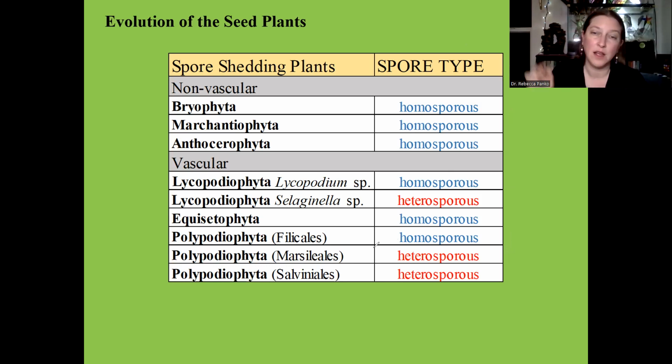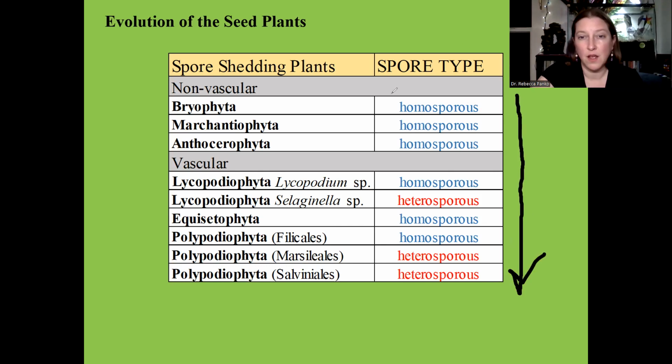That was also in that fern orders class. But if you look at a general trend going from earliest plants to later plants, you see a shift, right? Homosporous, homosporous, a little bit of heterospory, homosporous, and then heterosporous again, right? We're shifting from blue to red there.